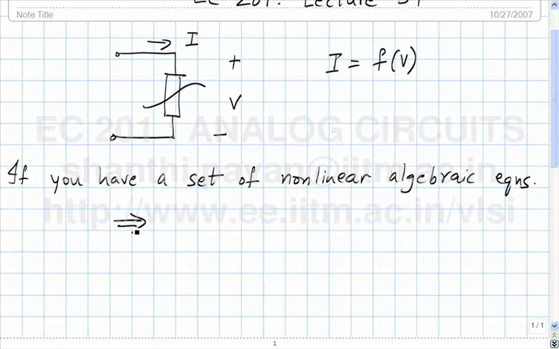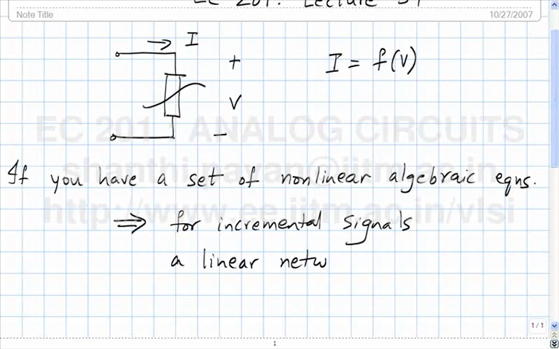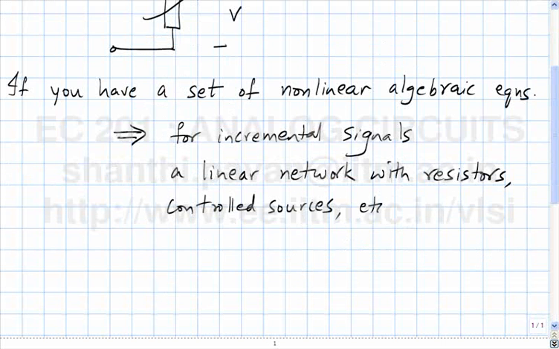So if you have a set of nonlinear algebraic equations describing the operation of a network, for incremental signals, what do you get? A linear network with resistors and controlled sources, etc. But the key point is to note that there is no memory at all.